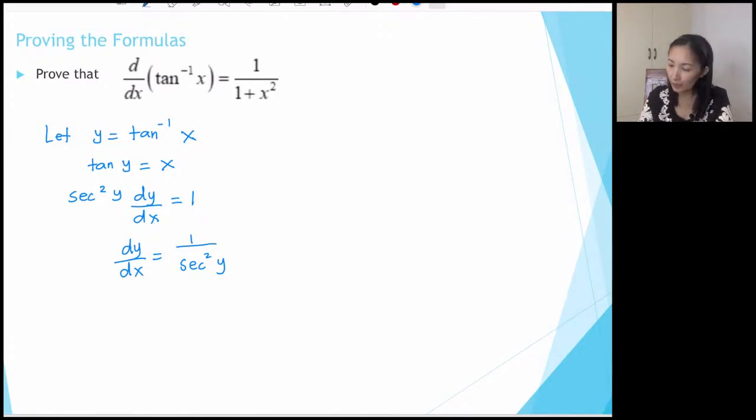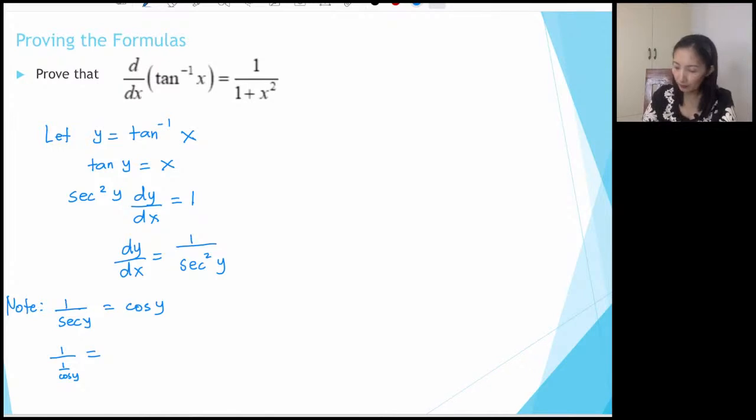Take note that 1 over secant y is equal to cosine y, because this is 1 over 1 over cosine y, and if you get the reciprocal of the denominator and multiply, you end up with cosine y.